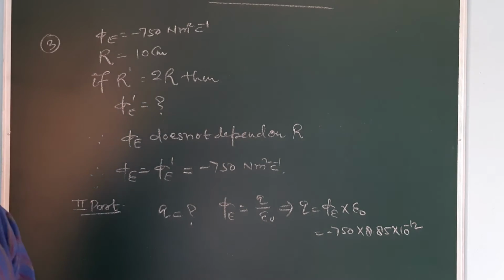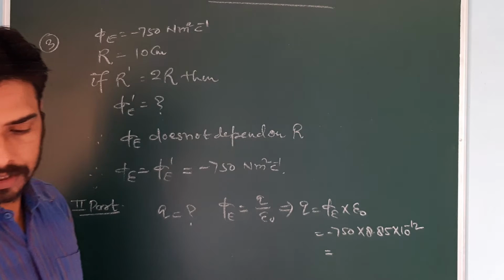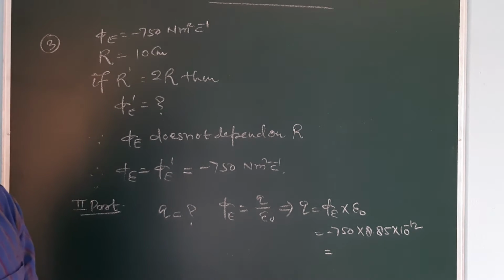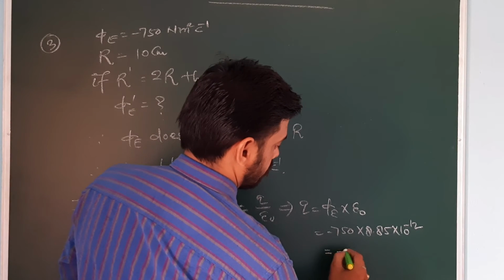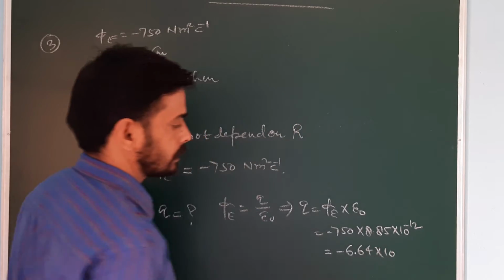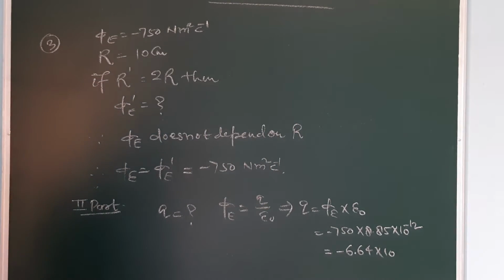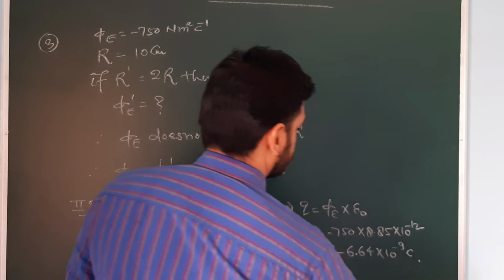Now evaluate it and find the value. It will be minus 6.64 into 10 power minus 9 coulomb.